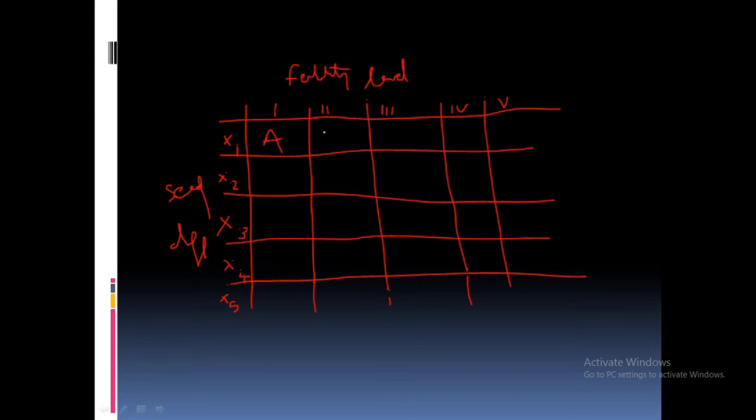Now, see, fertilizer B, then fertilizer C, then fertilizer D, then fertilizer E. Now, for the second seed, here fertilizer B, then C, D, then E, and what is left here?